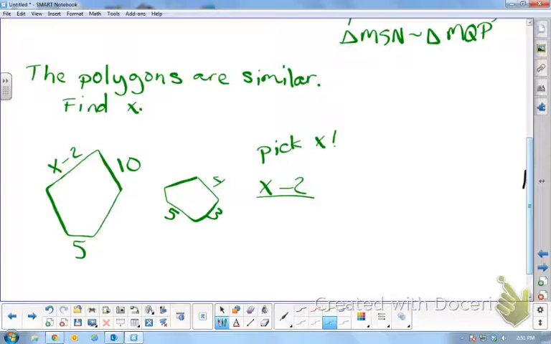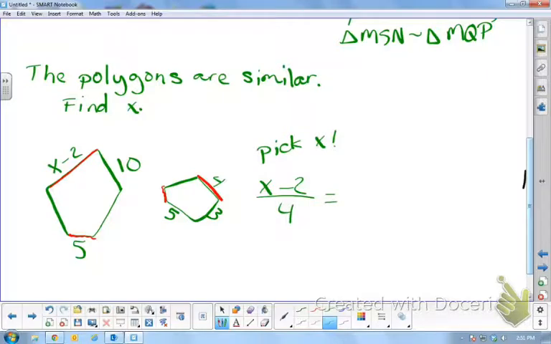So x minus 2 is this side here. If I were to find the corresponding part, we have to look at the shape pretty closely. I kind of made this bottom piece here by the 5 pretty short. So that probably goes with that really short piece, which means we would go here to get the corresponding piece.